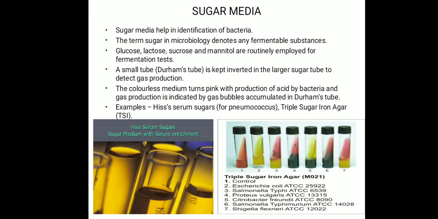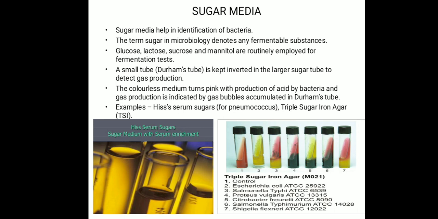Next we have the sugar media. These sugar media are helpful in the identification of bacteria. In microbiology, the term sugar denotes fermentable substances, which means we can check whether the bacteria can ferment the sugars or not.